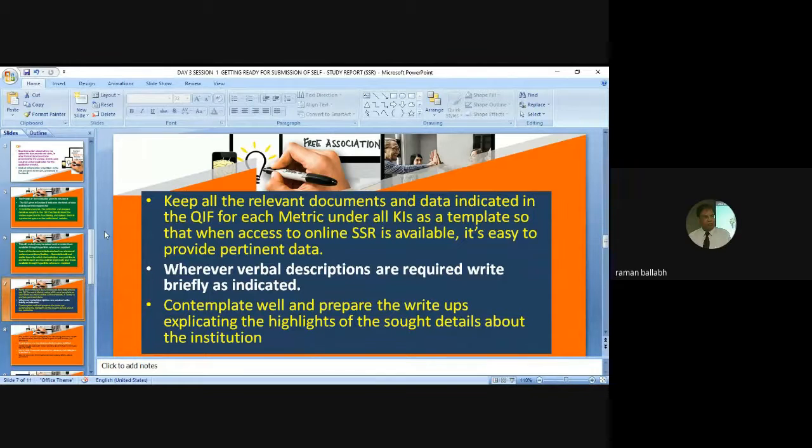This quality indicator framework is already defined with you, and there is certain data you have already filled in the SSR. There is supporting supplementary data with you.